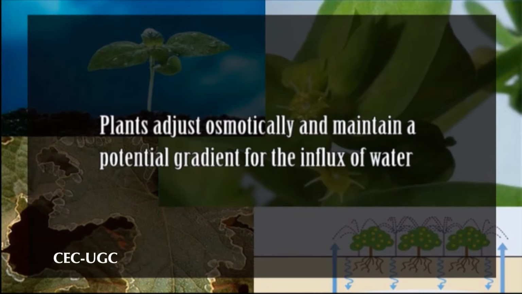At very low soil water potentials, this condition interferes with plants' ability to extract water from the soil and maintain turgor. However, at low or moderate salt concentration, plants adjust osmotically, that is, accumulate solutes, and maintain a potential gradient for the influx of water.